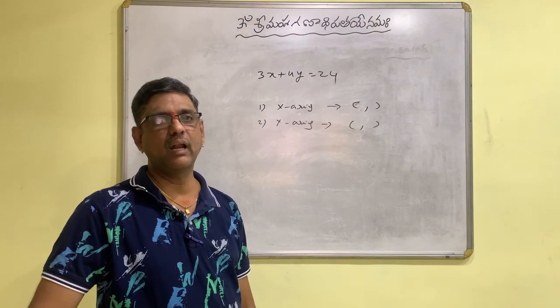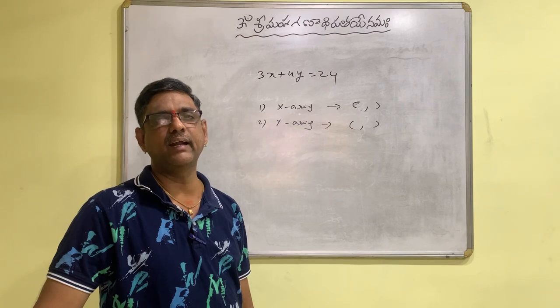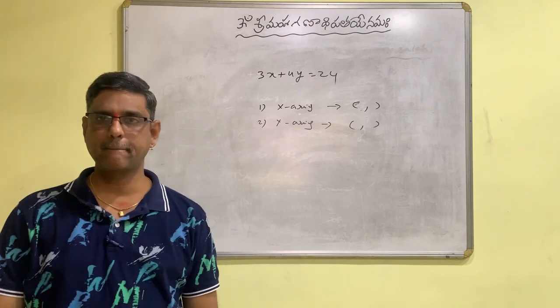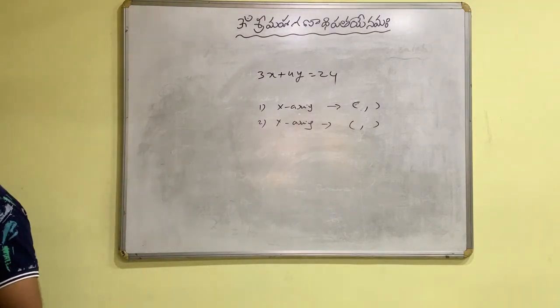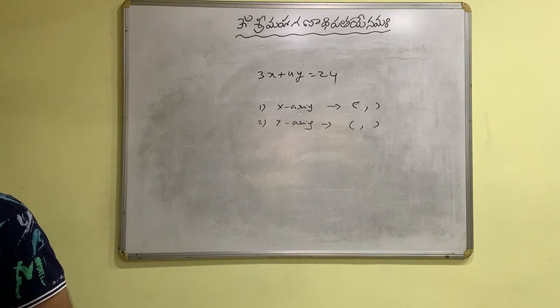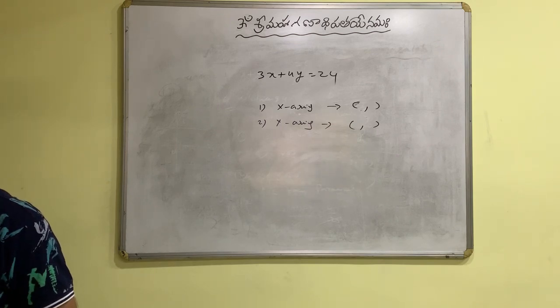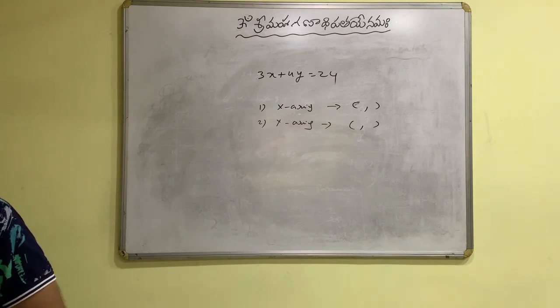Means where the line intersects the x-axis and where it intersects the y-axis, you need to tell me. In order to draw the graph, you need to first find the solutions. At least 4 solutions or 3 solutions.